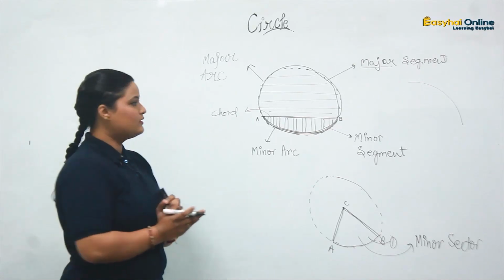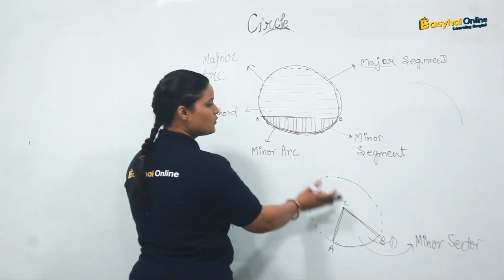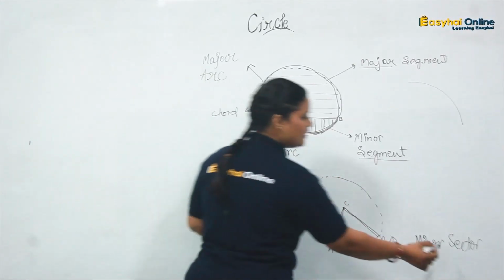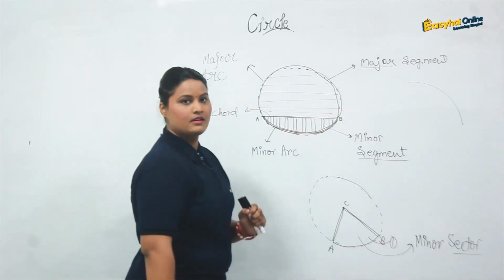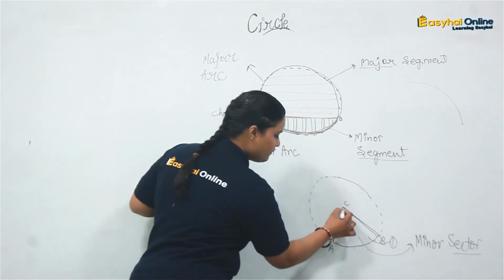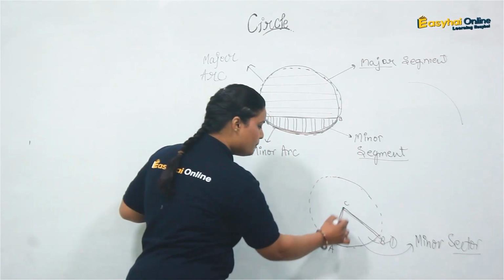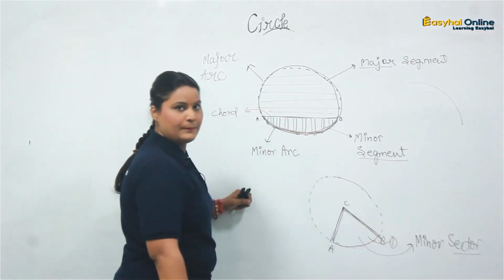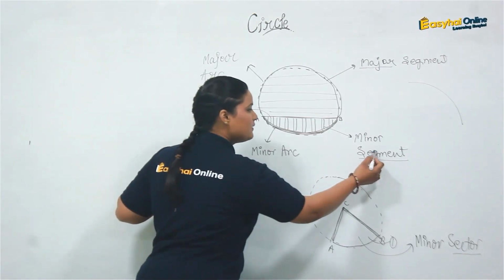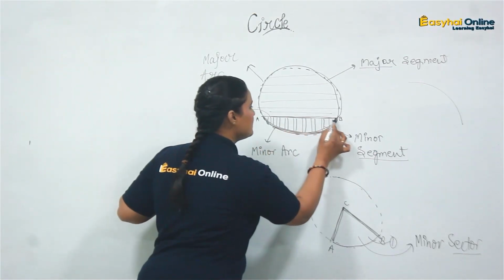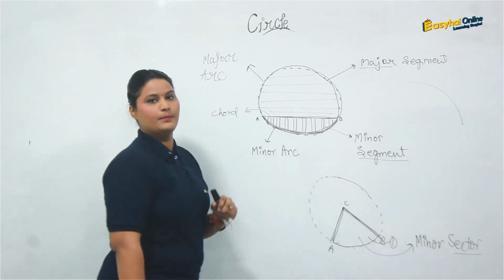Don't get confused, because students usually get confused between segment and sector. A sector is something which divides the circle using its radii, and a segment is something which divides the circle using its chord.